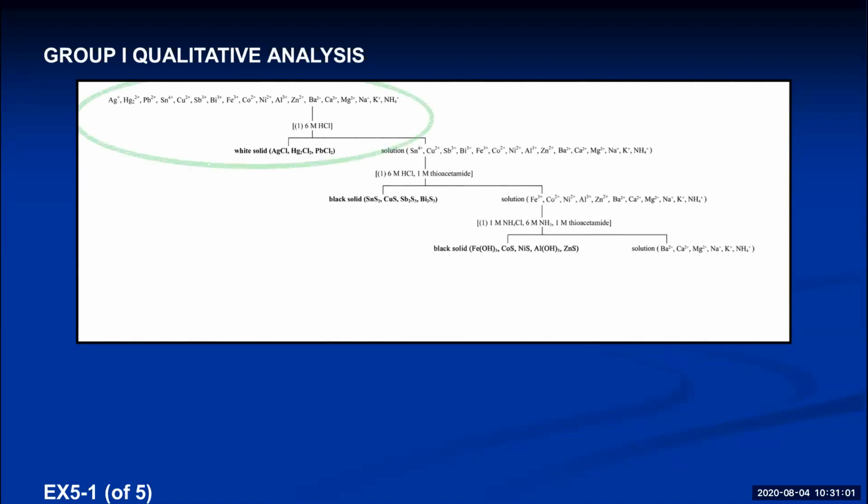So we're only going to deal with, in experiment 5, group 1 qualitative analysis group cations, which are silver, mercury, and lead. So we're going to actually add hydrochloric acid to an unknown water solution. If we get a precipitate, we'll then analyze that precipitate to see if it contains either silver ions, either mercury 1 ions, either lead 2 ions, or a combination of any 2 or 3 of those.